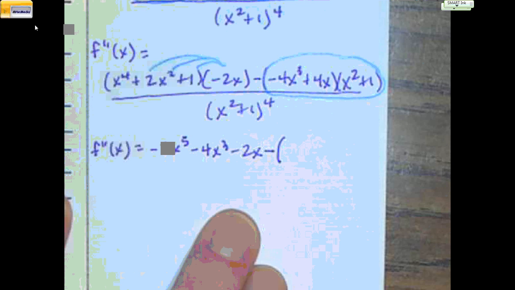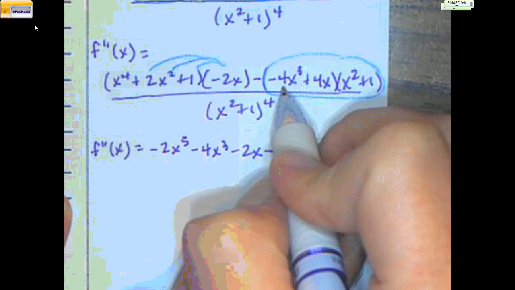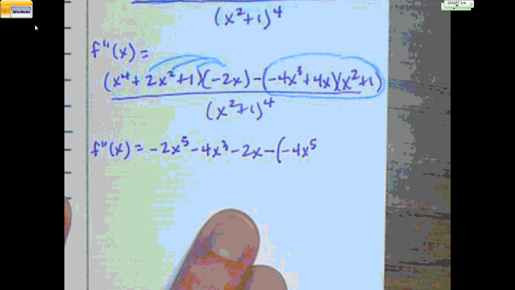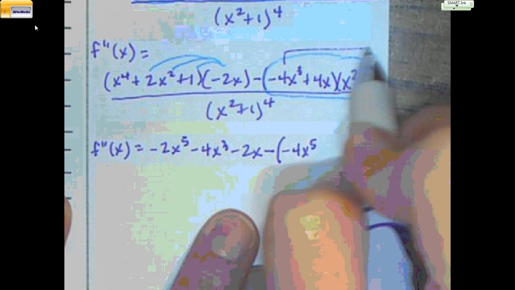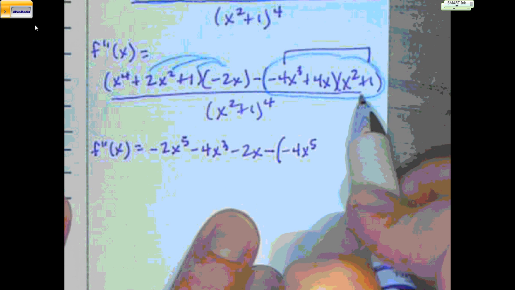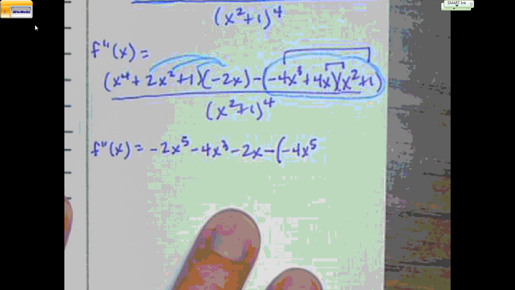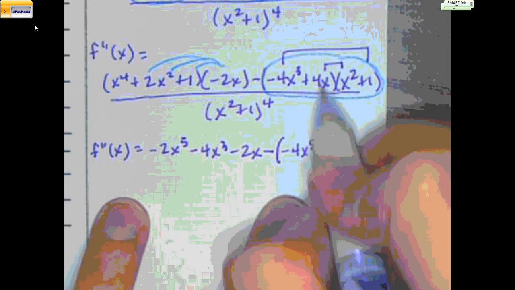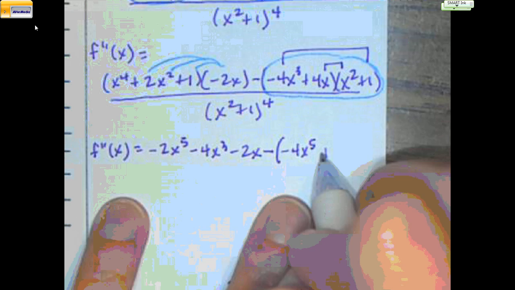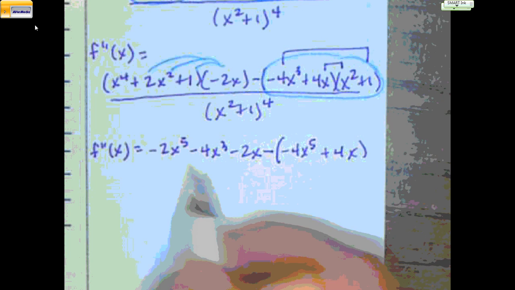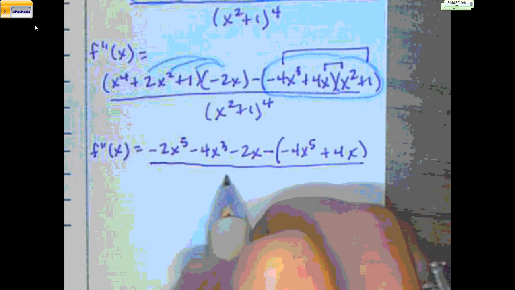So the first terms, I have -4x cubed times x squared is -4x to the 5th. The outer terms are going to give me -4x cubed. The inner terms get me +4x cubed. They cancel each other out. So I've saved some space there. That's good. The last terms are 4x times 1, so I have 4x. And all of that is still over x squared plus 1, the quantity to the 4th.